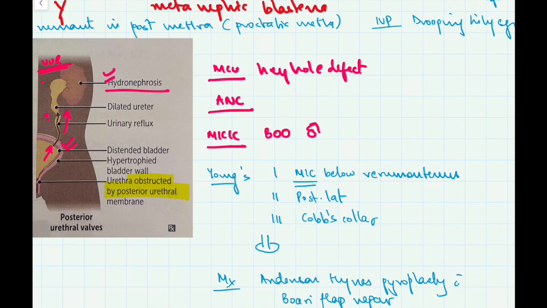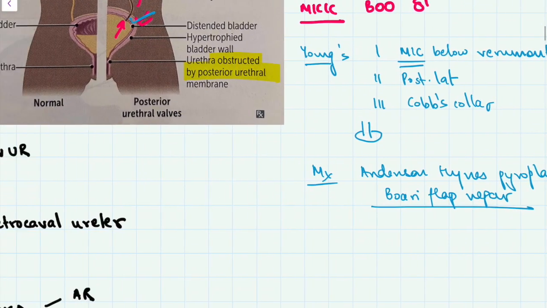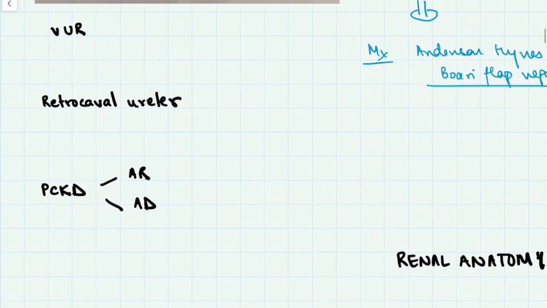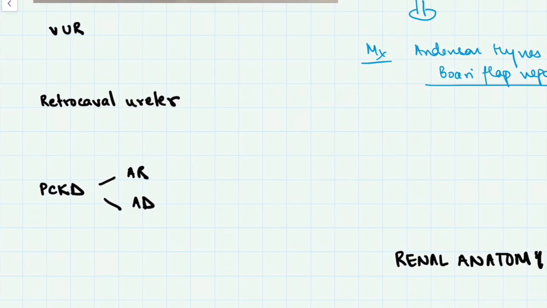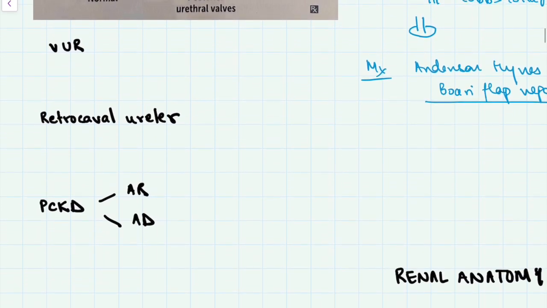What is a Boari flap? That is, a flap from the bladder is raised and it is used for the reconstruction of the ureters. After PUV, the next anomaly we will be studying is the VUR, that is what? Vesicoureteric reflux, right. It is the backflow of urine into the ureters, right.